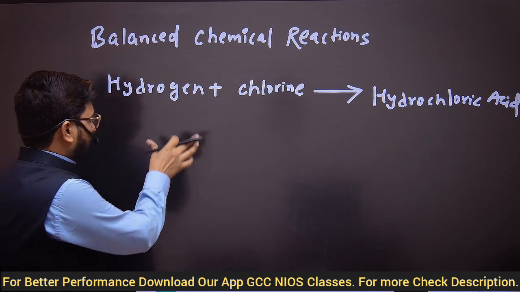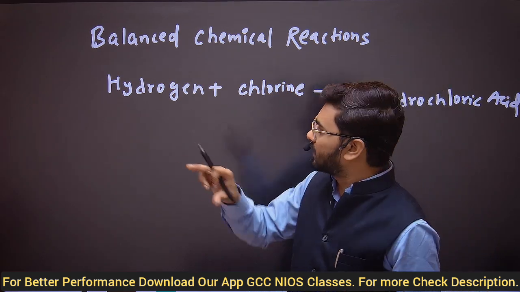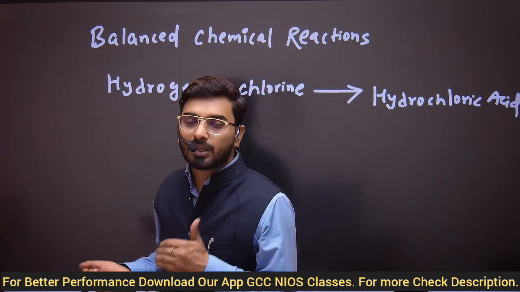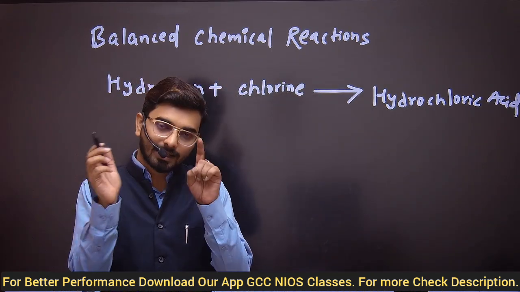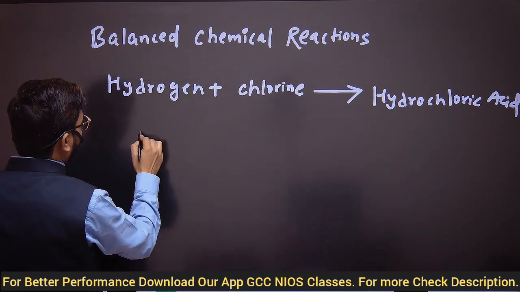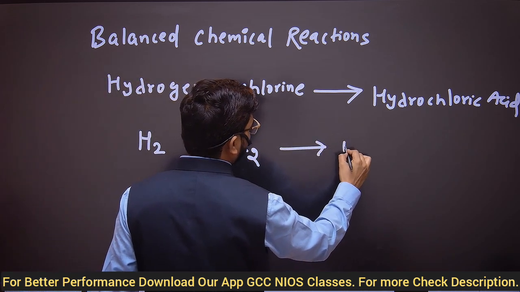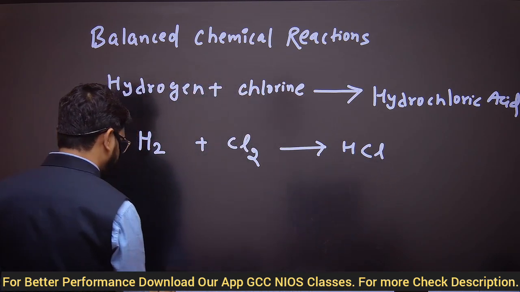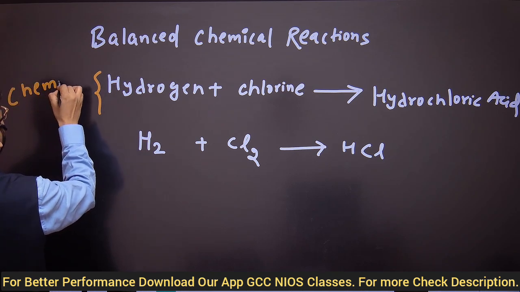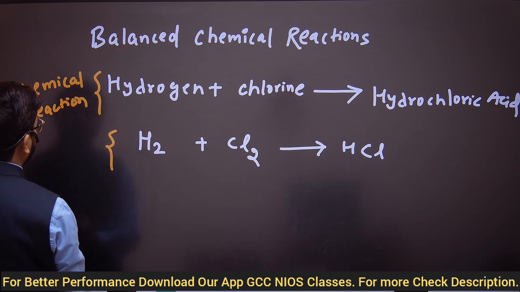When we write reactants and products in word form, this type of format is called a chemical reaction, and when we convert these words into their symbols, then in that format, it is called a chemical equation. So we write H2 plus Cl2 gives HCl. So basically this format is a chemical reaction and this format is a chemical equation.